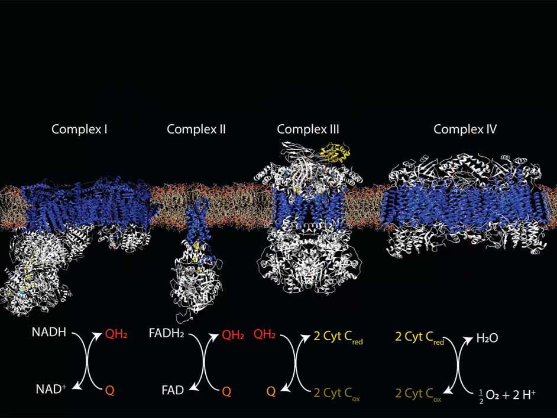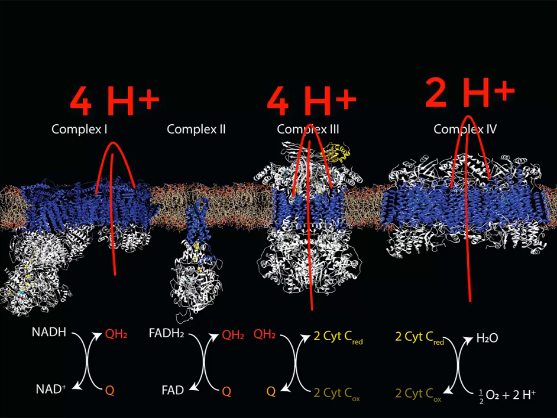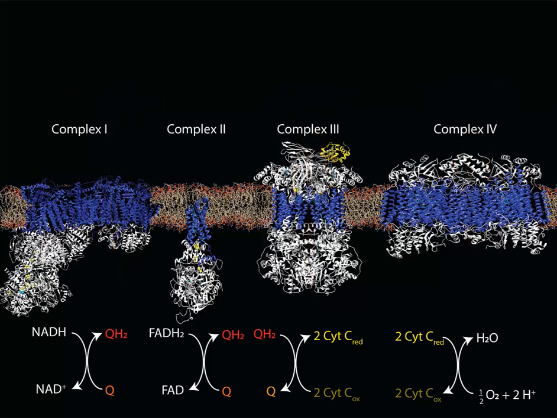So if the electrons originate from NADH, they pass through complex 1, which pumps 4 protons. They then pass through complex 3, which pumps another 4, and then through complex 4, which pumps another 2. So electrons originating from NADH pump a total of 10 protons. However, electrons originating from FADH2 start at complex 2.